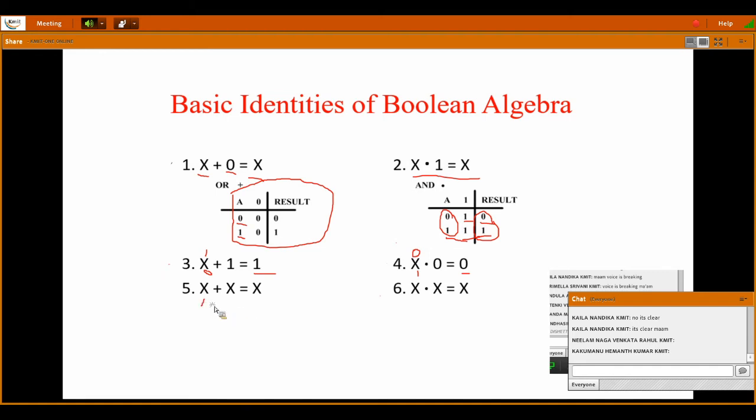So 1 plus 1, x means the same. 1 plus 1 will be 1 for an OR gate. And suppose I take it as 0. If x is 0, 0 plus 0 is 0.